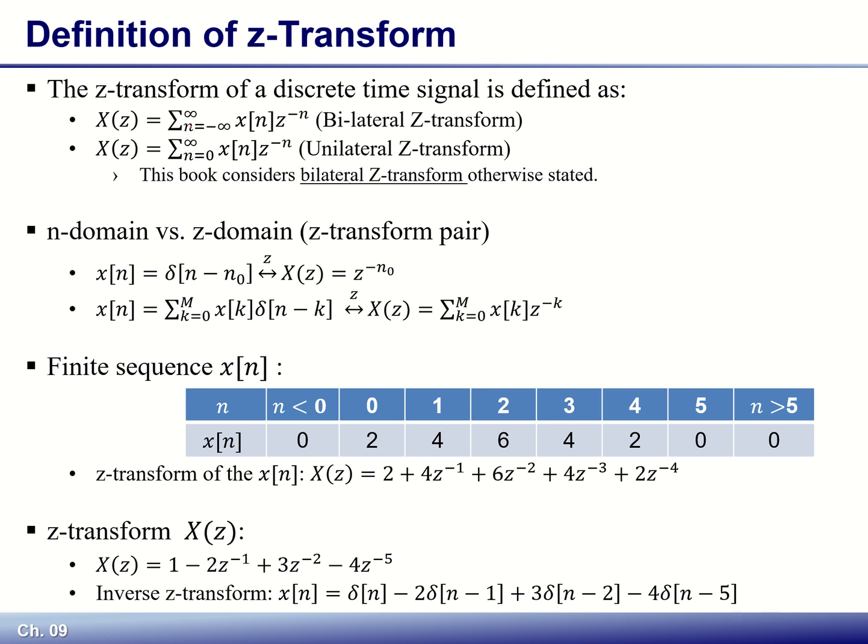And there are two sides, so we call it a bilateral Z transform. When the sequence starts only at n equals 0, it is called unilateral. Unless stated otherwise, we will consider the bilateral Z transform as the Z transform.